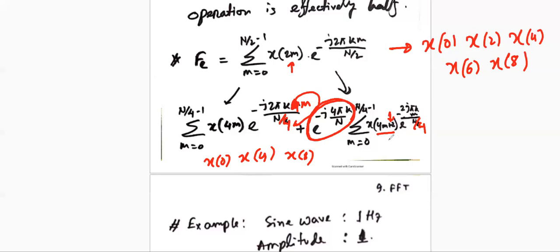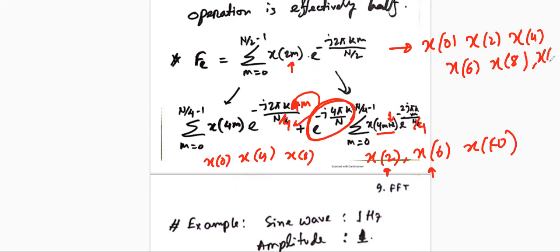What are the samples we are targeting? For m equals 0, we got x2. For m equals 1, 4 plus 2 is x6. For m equals 2, it is 8 plus 2, so x10.